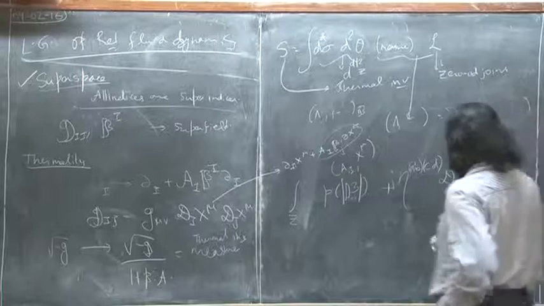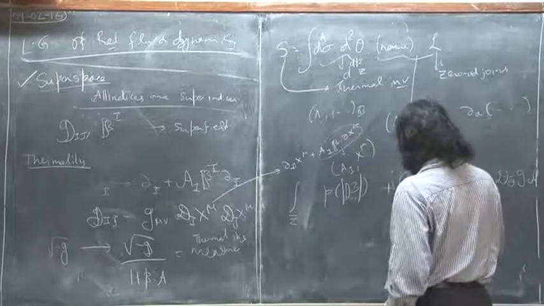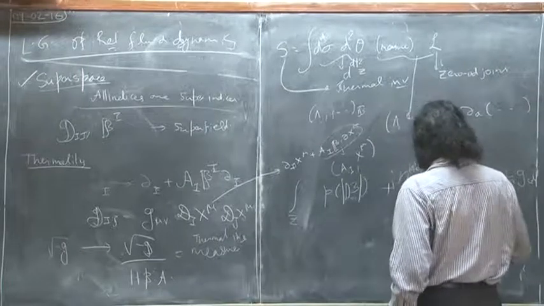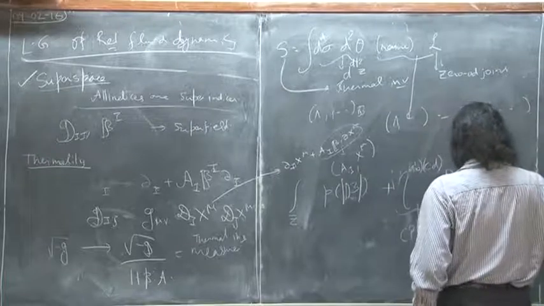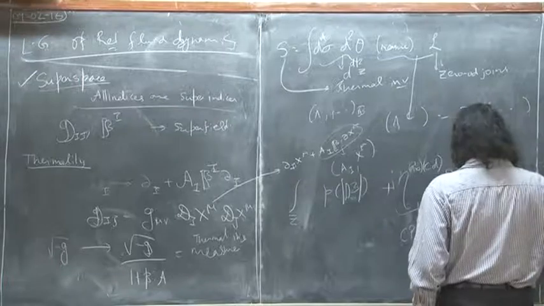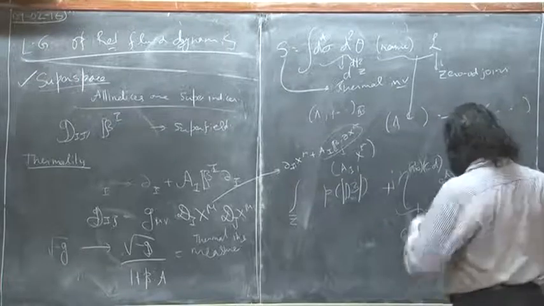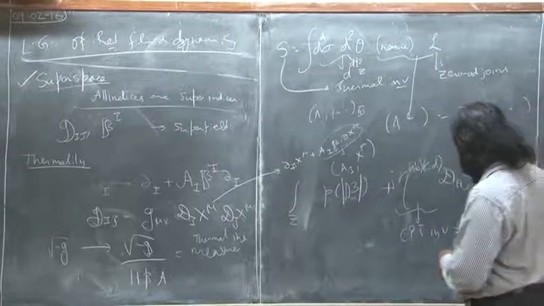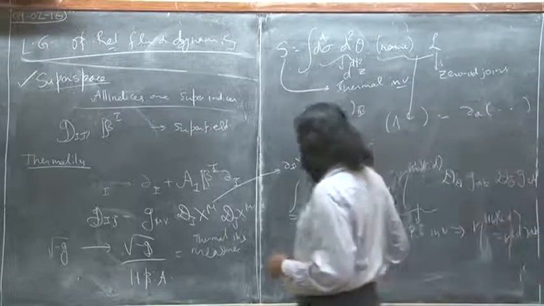The CPT invariance actually forces the ABCD to be fixed.